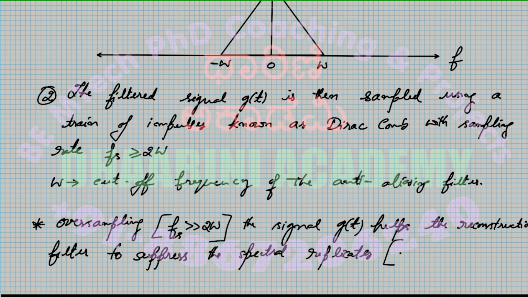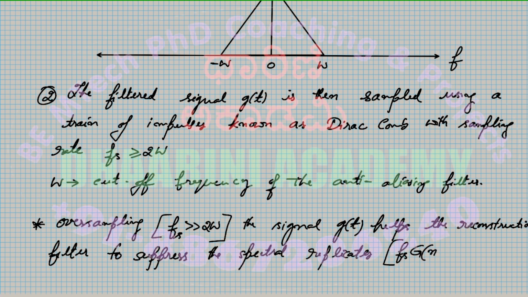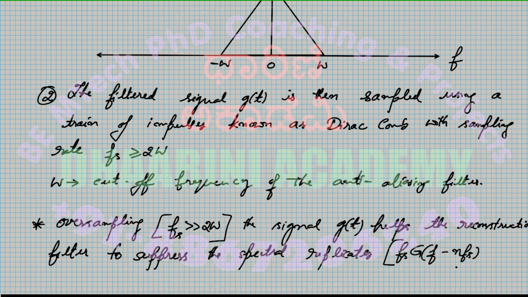So spectral replicates. There is an amplitude fs into capital G of f minus n fs. f is the frequency axis, so I should use the variable f minus n times the sampling frequency. So this is the equation of the spectral replicates.